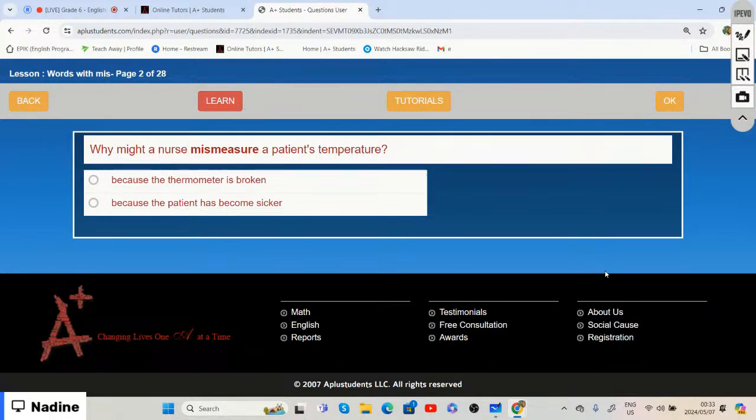Why might a nurse mismeasure a patient's temperature? Is it option one because the thermometer is broken, or option two because the patient has become sicker?